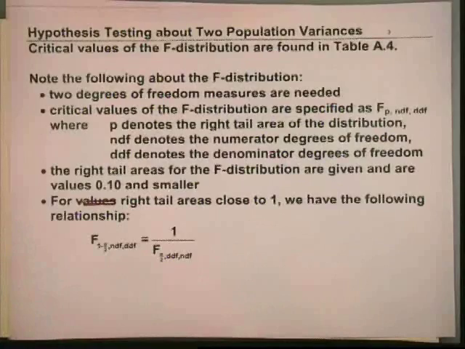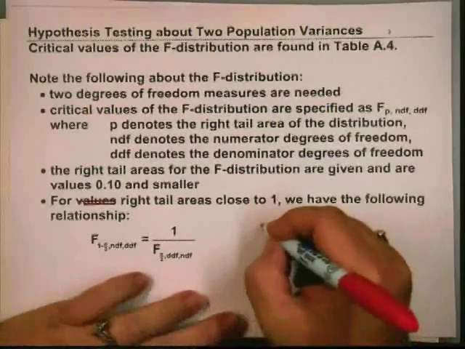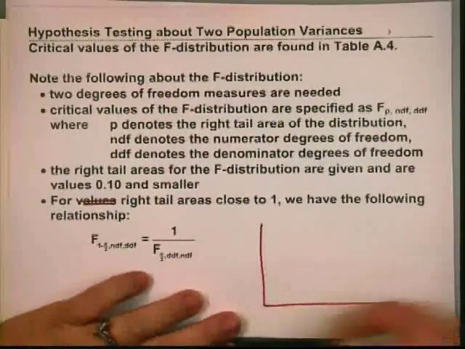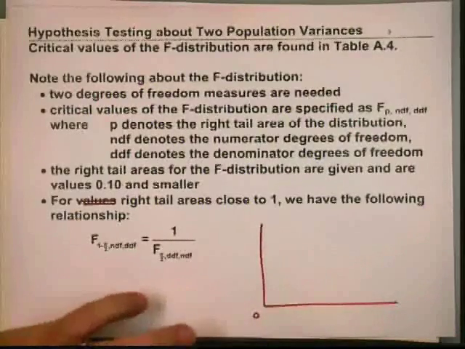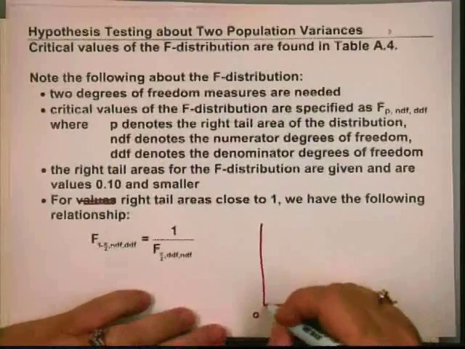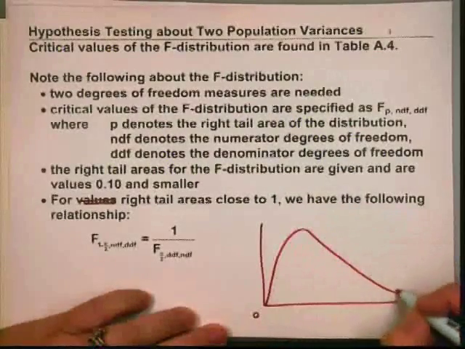All right. So suppose we saw this in our chi-square distribution. Remember we said values of F could be close to 0, but everything we looked up had right-hand areas that were very small.